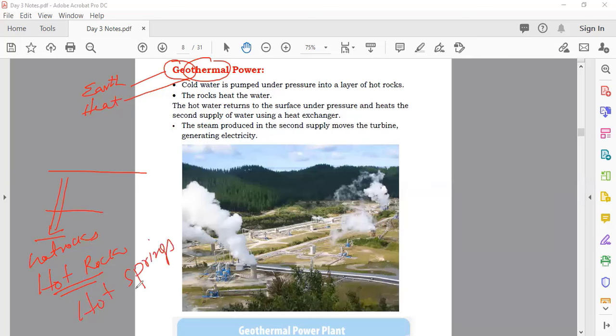In some countries, they come out of the ground. These hot rocks are not found everywhere, only in some areas. You can see in this picture. Here you have these hot rocks down. And how will they use this energy, the heat of the earth, to convert into electricity? Really simple. I will explain to you now.